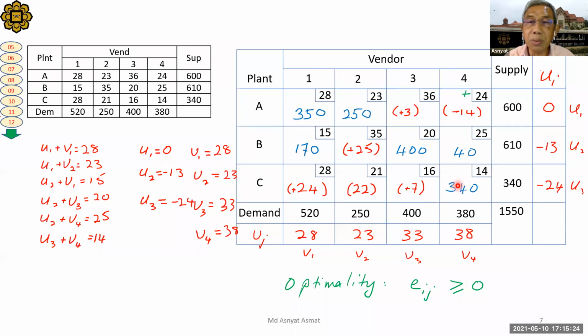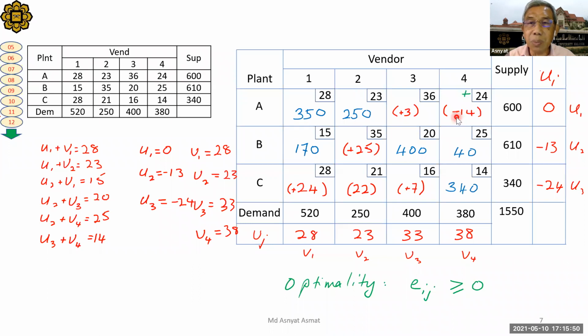Can we just go down? Going down, cannot, from non-basic to basic. Here, can we come here? Possible, but can we come back here? Cannot close. From here to here is also possible, but we cannot close.